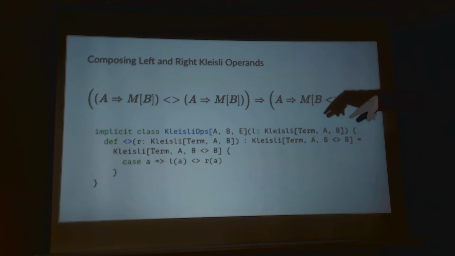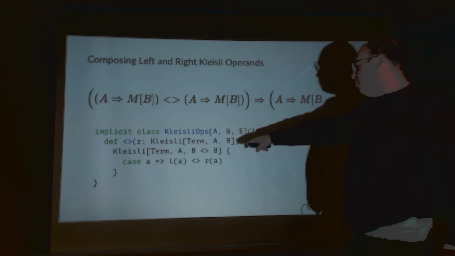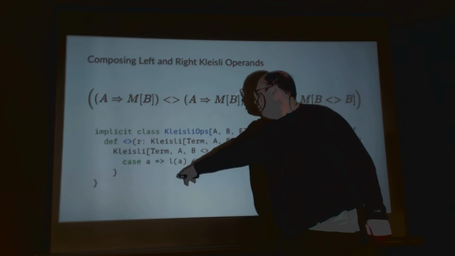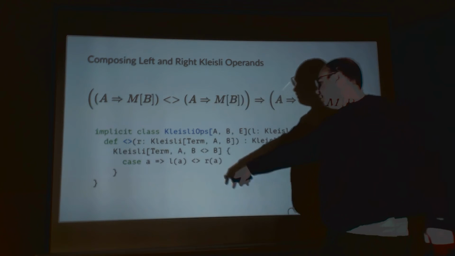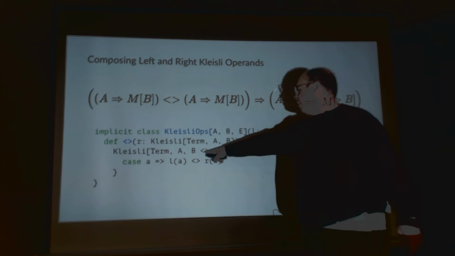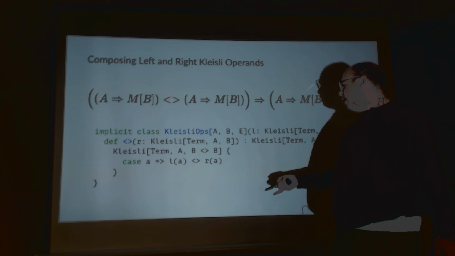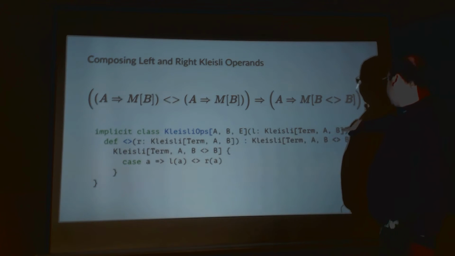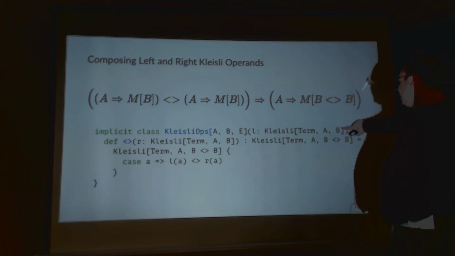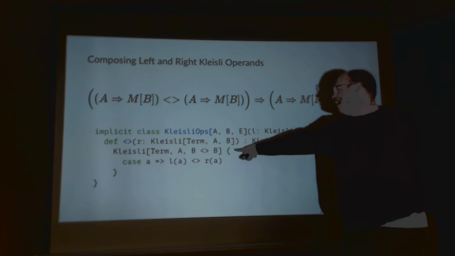That's the input parameter. Because remember, Kleisli is just a function going from domain to codomain, whereas it's type A right here, and then that's your input case A, and then the result has to be a B diamond B. Well, the left-hand side is a B, and the right-hand side is a B as well.